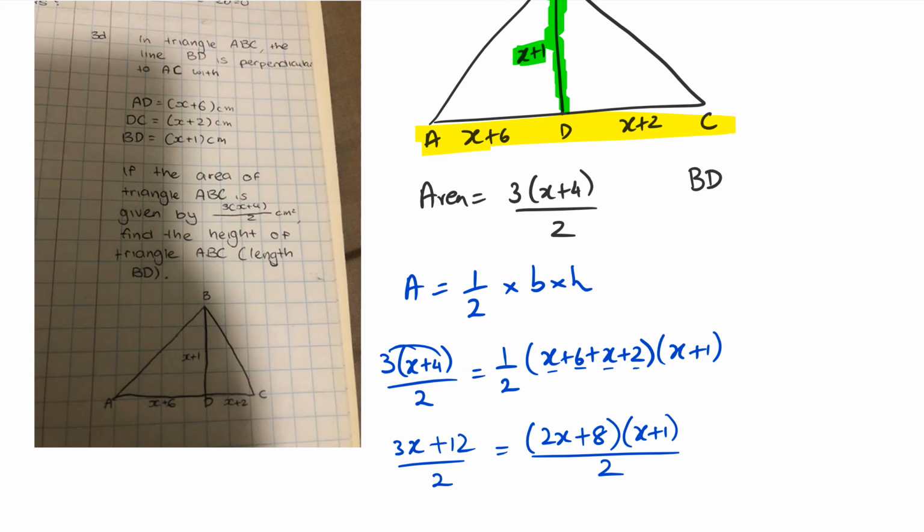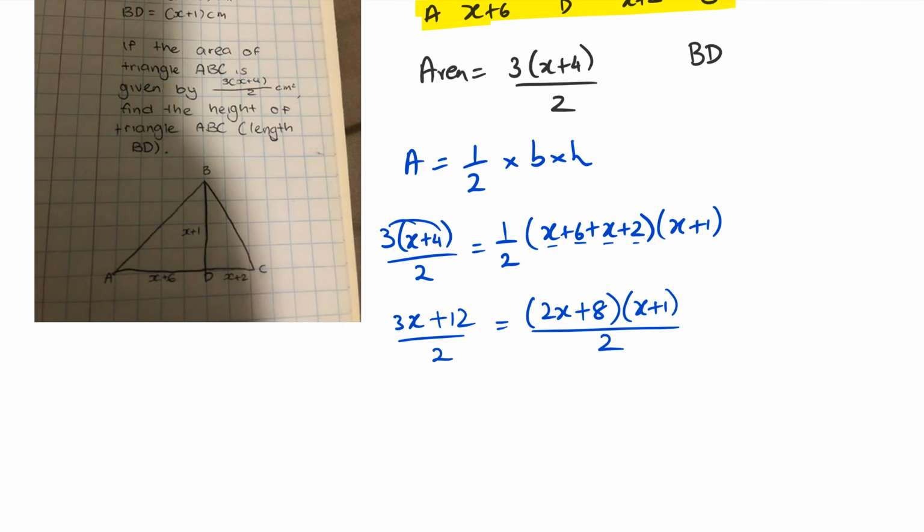Because we've now got a fraction equal to another fraction, we can cancel the 2's. Think about it like this: if you have x over 2 equals y over 2, we can cross multiply.